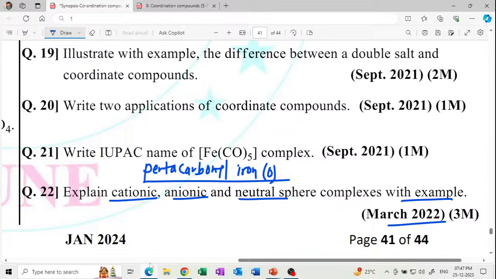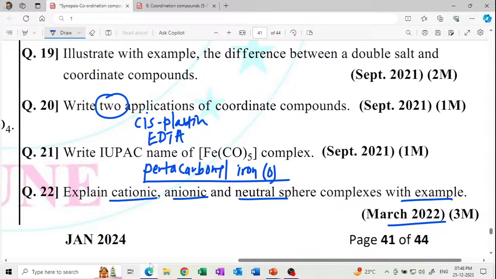Next, write two applications of the coordinate compounds. Two applications. About cisplatin, it is an anticancer drug. And after that you can note this about EDTA. EDTA is used to estimate the hardness of water as well as in lead poisoning.